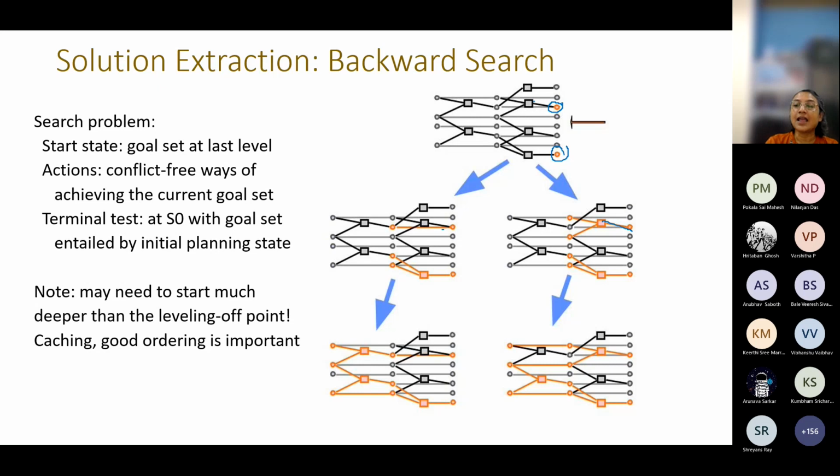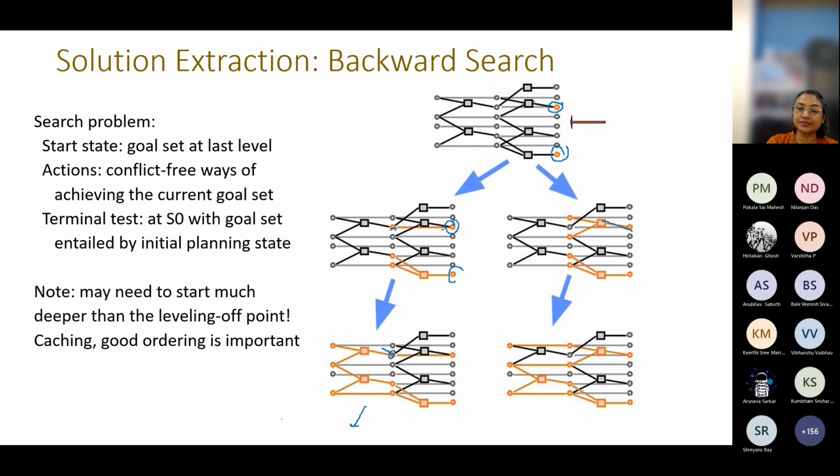So you do a backtracking search, and for each of these, if G1 is achieved through this, you now look at how this is achieved in the previous state, all ways of achieving that. Similarly, for G2, you look at all ways of achieving G2. You continue until you find that in level 0 they can be achieved.